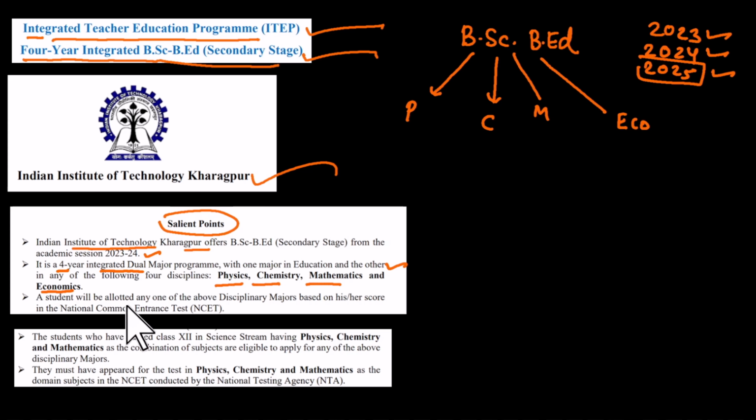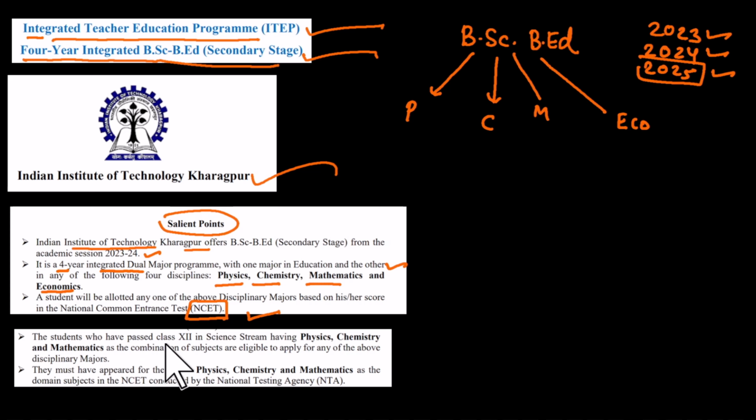A student will be allowed any one of the above disciplinary majors based on his or her score in the NCET. So you have to appear for an NCET exam and then your total score is going to decide whether you will be given physics, chemistry, maths or economics.